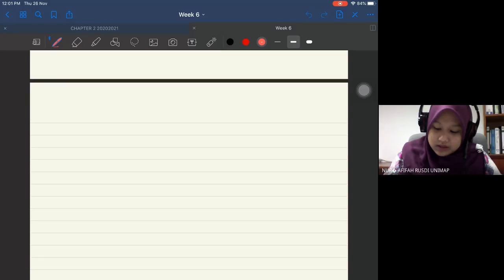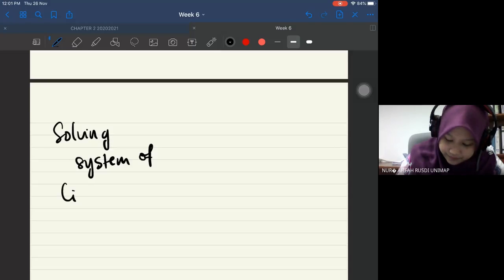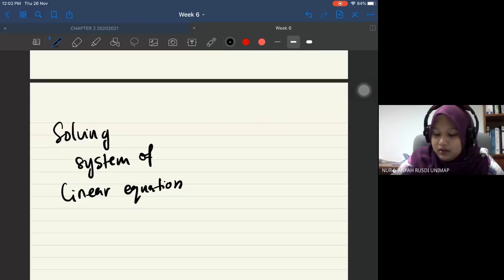So untuk solve system of linear equation, kita ada 4 method. Okay, so method yang pertama menggunakan inverse matrix method.